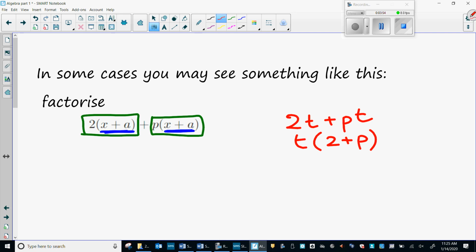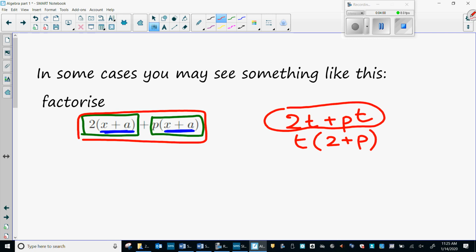Now, do we see that this resembles this? We've got 2 lots of something, 2 lots of t, plus p lots of t. So essentially the t represents that bracket. Do we get that?